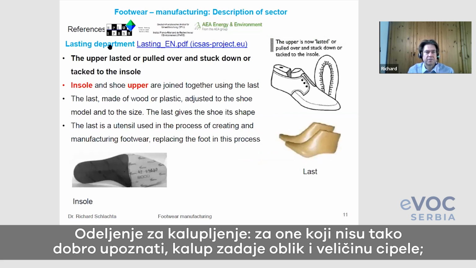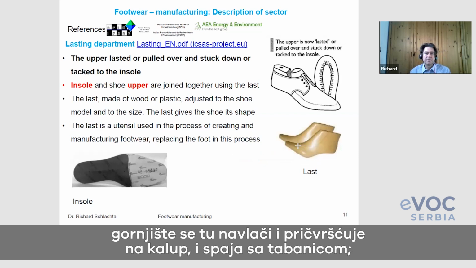Now the lasting department, just for those who are not clear what a last is: that is the last, it's the form. This form is responsible for the form and the size of the shoe. And here the upper is pulled over and stuck down, or tacked, to the insole, as shoemakers say.